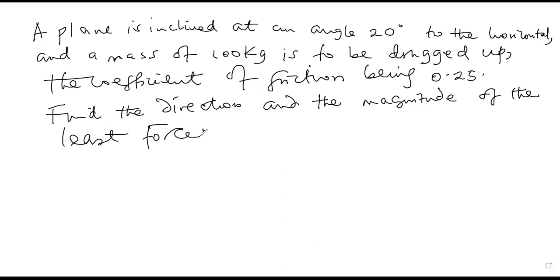And another thing I want to remind you is that they have given us the coefficient of friction, 0.25. And you clearly know that mu is the same as tan lambda. That is why we get sin lambda over cos lambda. Meaning that you can easily get lambda, because lambda will be tan inverse of mu.